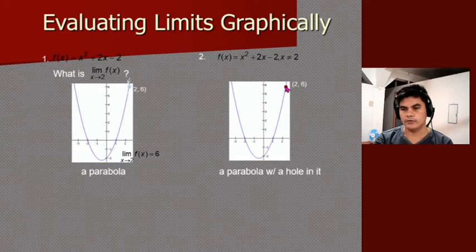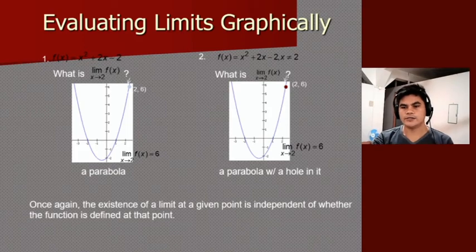Now, as x is approaching 2, then the limit is 6. Once again, the existence of a limit at a given point is independent of whether the function is defined at that point. So, a parabola with a hole in it, that is x is not equal to 2.